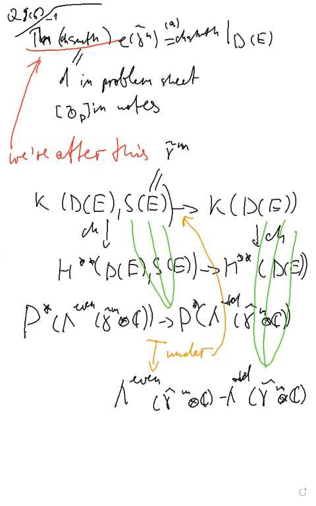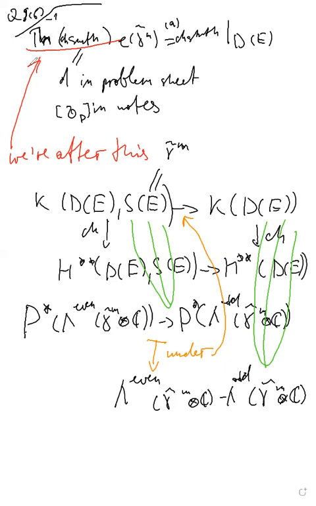I get CH of D, which is the same as CH of sigma D in square brackets, and then I get basically the same element, but restricted to D of E. Okay, so let me also use the Thom isomorphism.